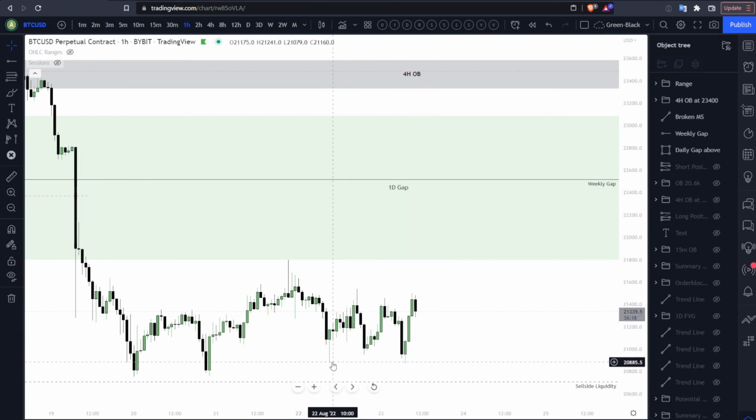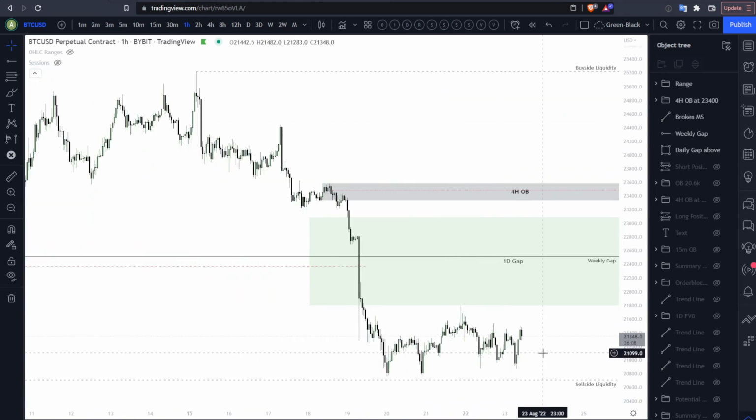We have equal lows here, we have equal lows here. They were still not taken out. So what I'm expecting is, before we move higher, a sweep lower to take out all these lows and the low below this sell side liquidity, and then moving higher.